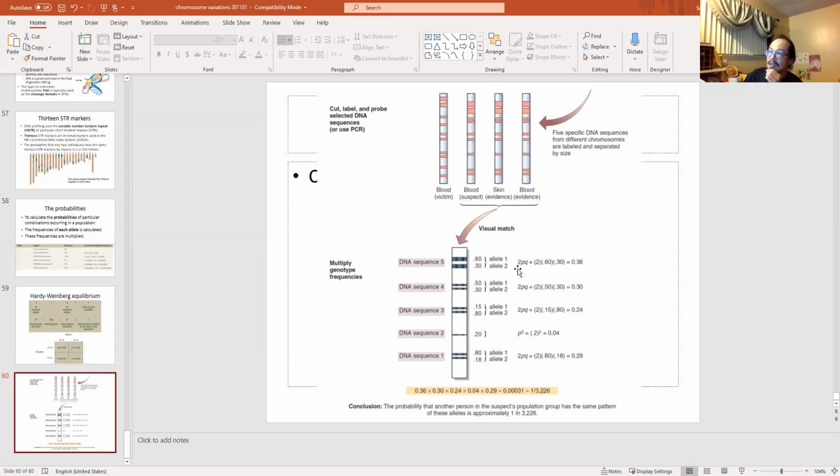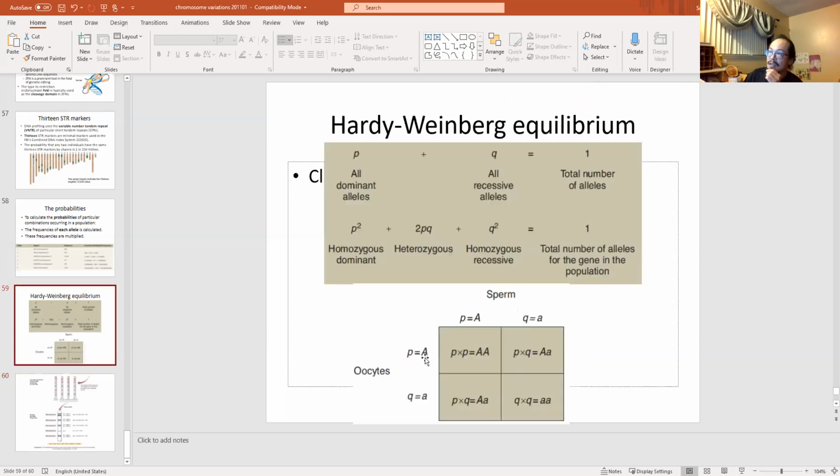So you got 2PQ. This frequency is basically P and Q, so you have 2. The chance to have P and Q is pretty high, almost half. If the person is PQ, the chance of the offspring to have PQ is half.